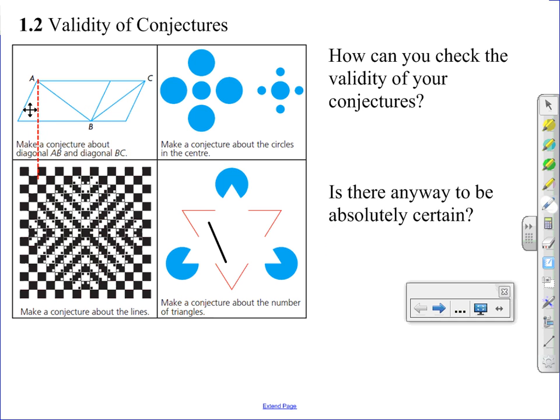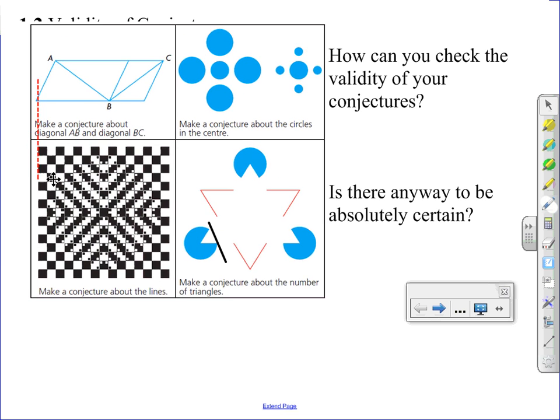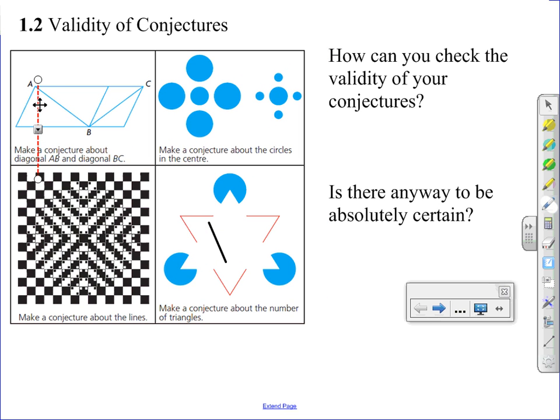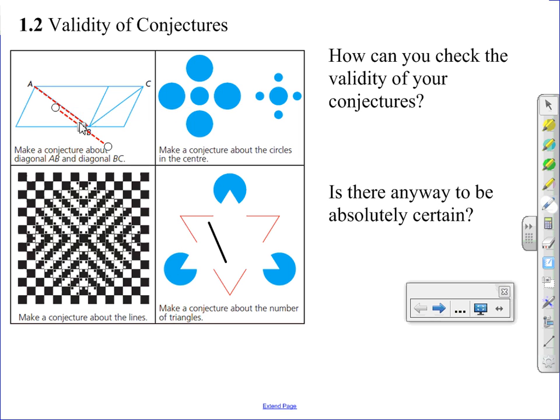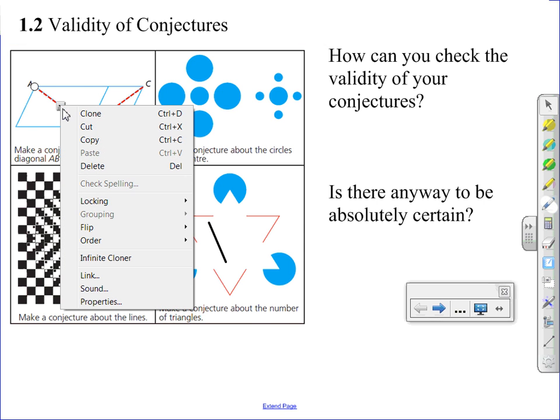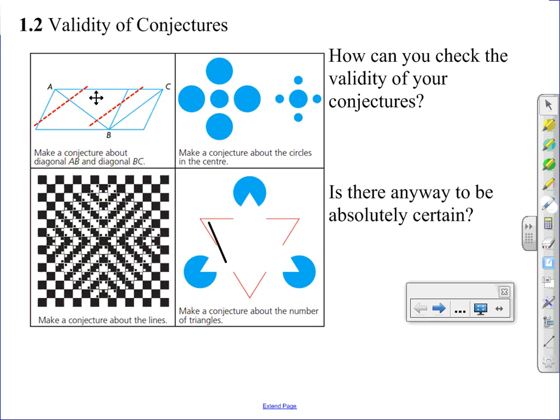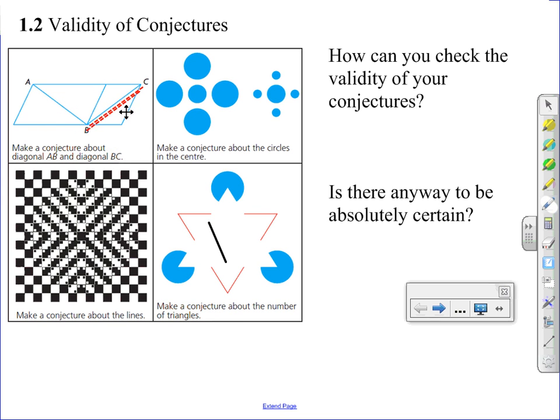If I measure the length of AB, and I'm going to clone or copy that, is that the same length from B to C? How could I tell? Actually, if I just flip this, that would probably be easier. Flip it left, right. Does that fit? Oh my, they look the same, don't they? Whoa, are those two the exact same length?